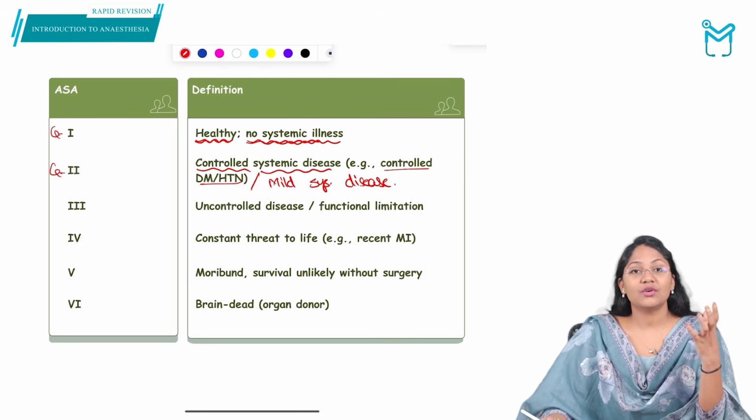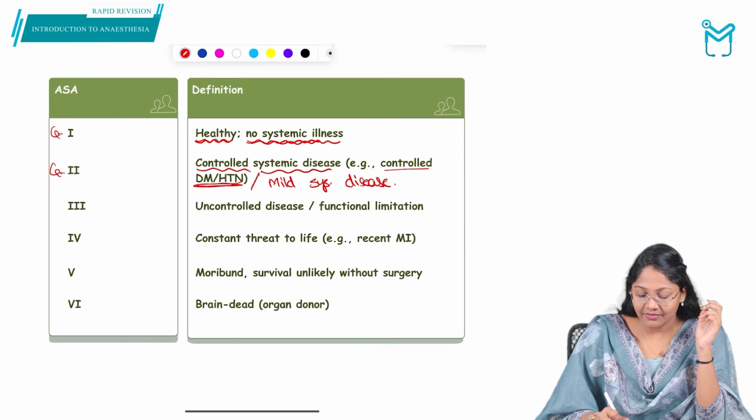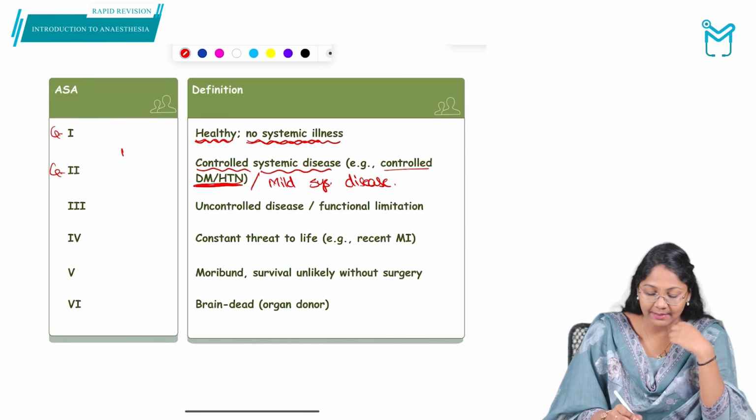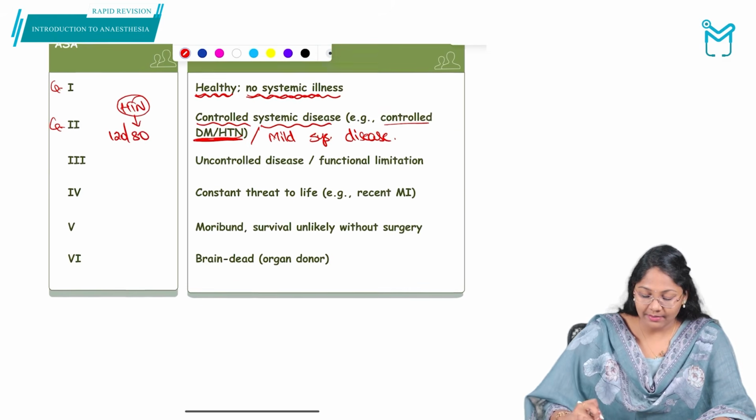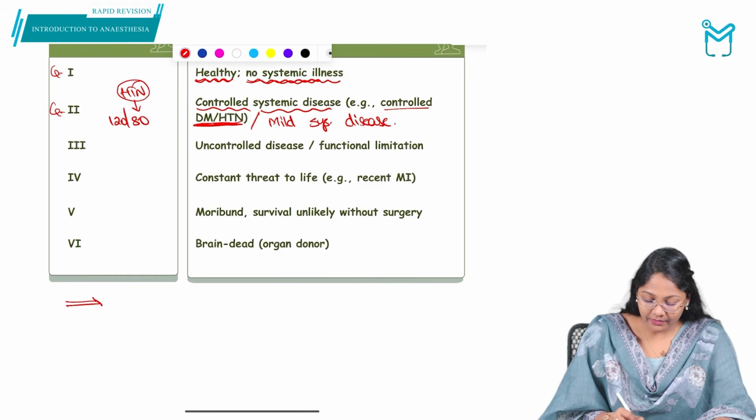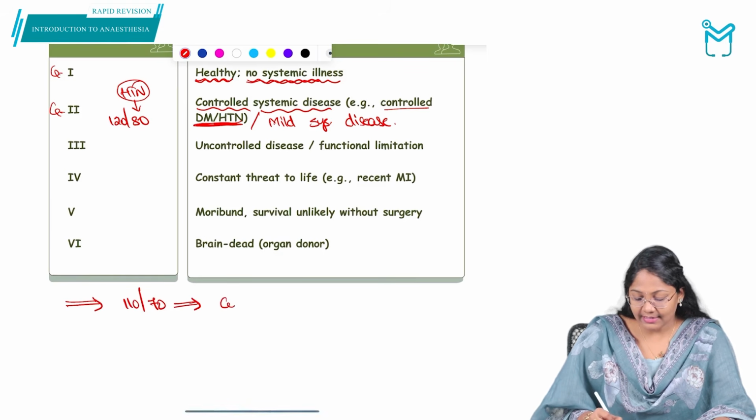For example, we have diabetes as well as hypertension. When I take the BP, 120/80 is normal. So what does controlled mean? When it came 110/70, I say it is controlled systemic disease.